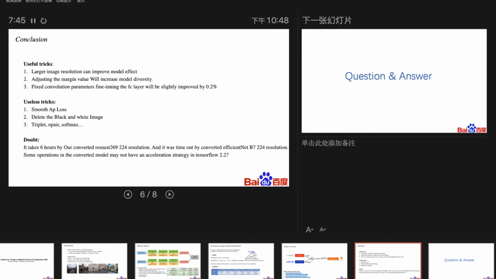We trained TensorFlow 2.2 EfficientNet-B7, and it is inferred in 3 hours. So if we attend a recognition competition, we will train the models in TensorFlow directly instead of PyTorch.